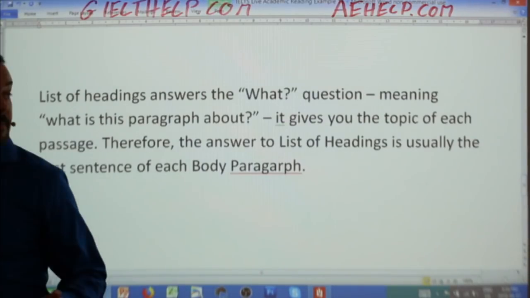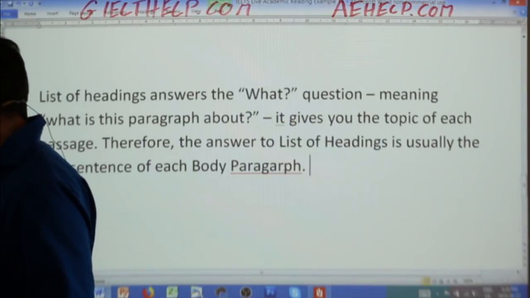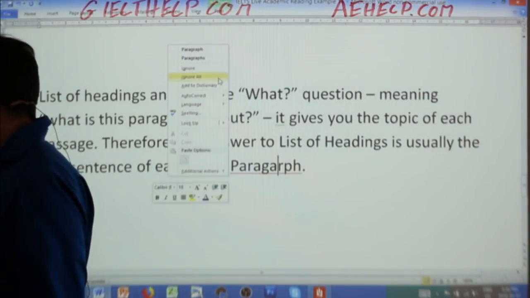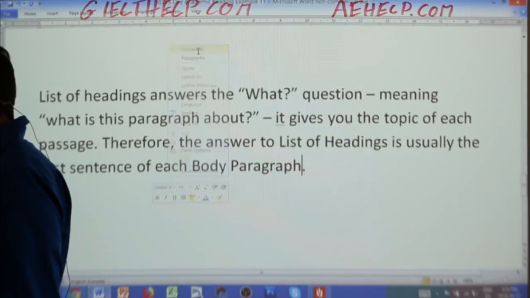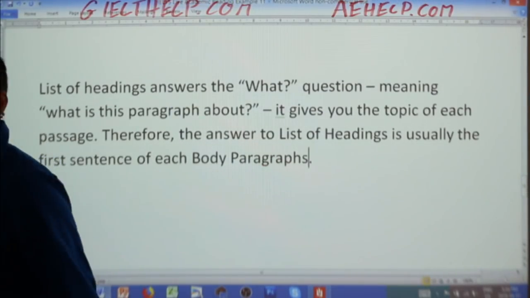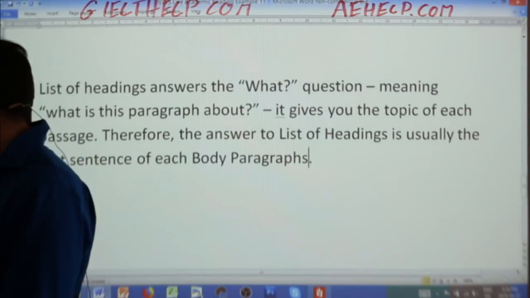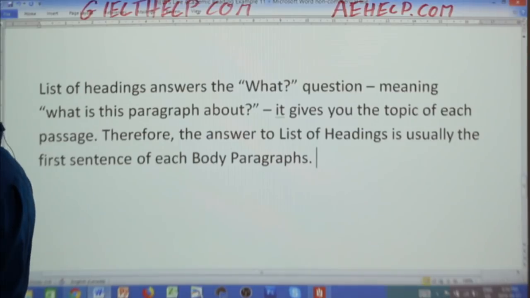Now, these are common nouns, but I'm just writing this in capital letters because I'm emphasizing that, okay? So usually the first sentence of the body paragraphs contain the topic sentences. So that's where you will find the answers for the list of headings questions.